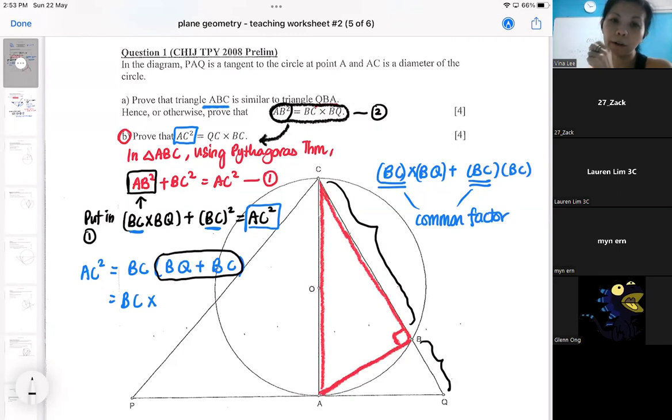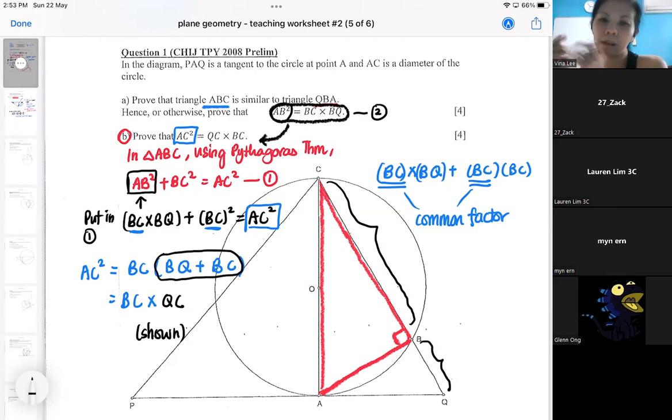You refer to your diagram. BQ plus BC becomes QC. So if you do it this way, you still get your full marks.